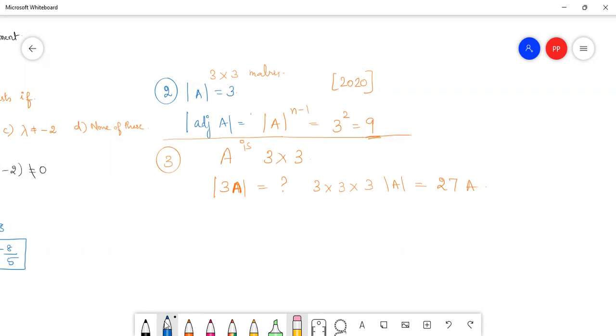If you remember, when we multiply every element by that value, there is a property of determinant which says you can take it common outside. If every row has 3, you can take the 3 common outside from each row. So the value of the determinant is 3 into 3 into 3 into determinant of A.